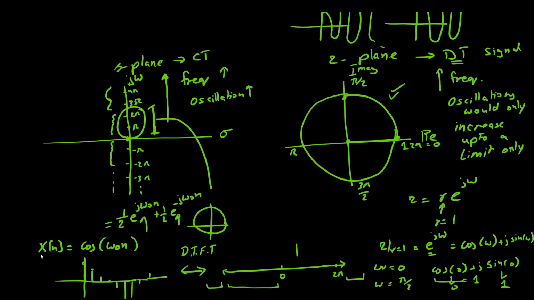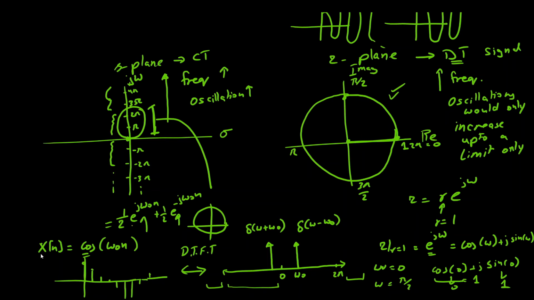We have one delta function at omega naught, which is simply delta of omega minus omega naught, but at the same time we would also have a mirror image of it because this is an even function. So we would have delta of omega plus omega naught.